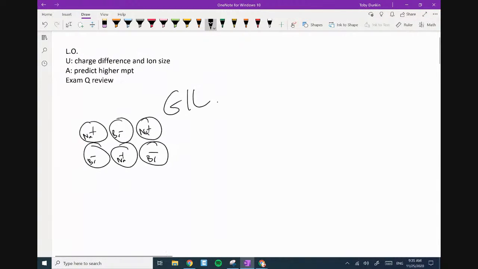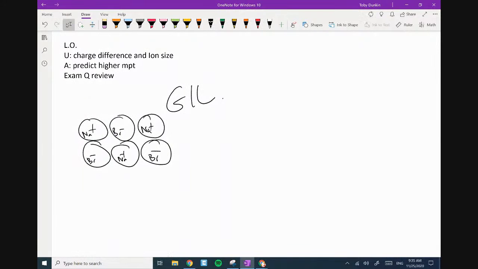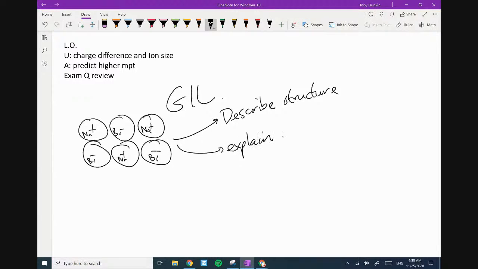Once we got to that point, we then described the structure and bonding of these things. We actually did two questions, which was describe the structure, and then we did explain melting point. That's what we have done so far.